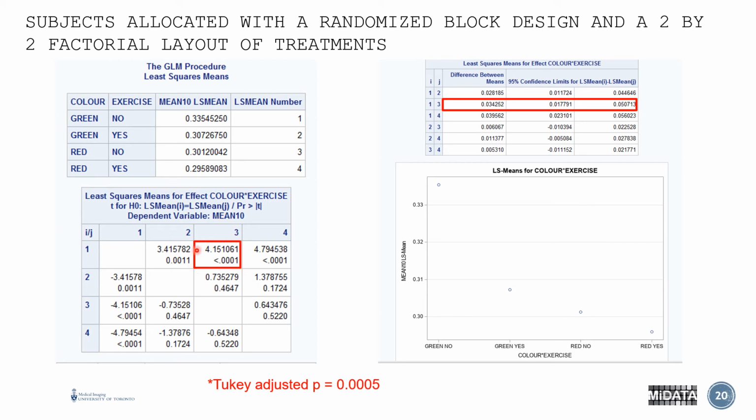Once again, of course, it's significant. No surprise, because we already saw this with the same block design, but with a one-way layout. And then here's your confidence limit, which of course does not include 0 because it is significant. This is the nice visual representation of your interaction. And when we adjust for Tukey, we get the same p-value of 0.005 as we did before in the one-way layout.